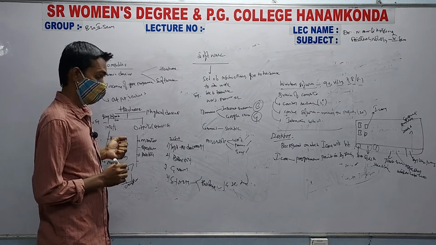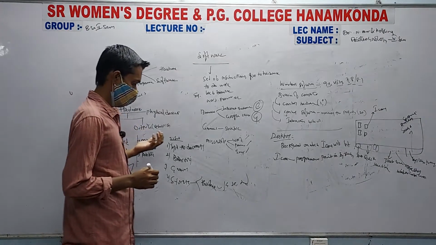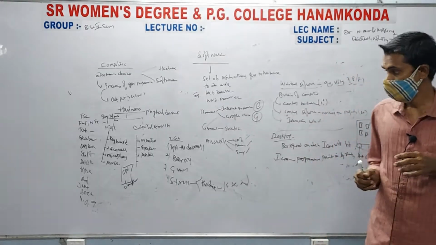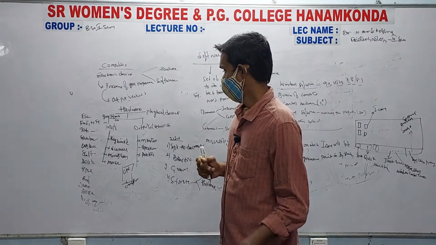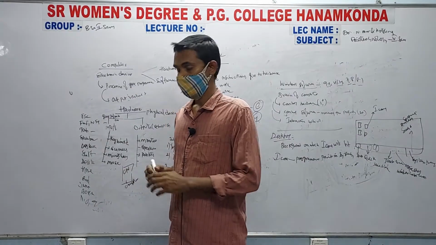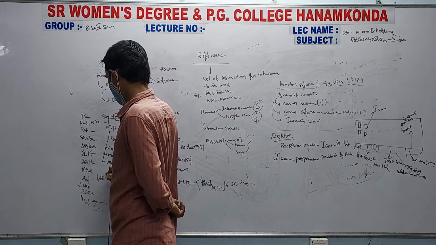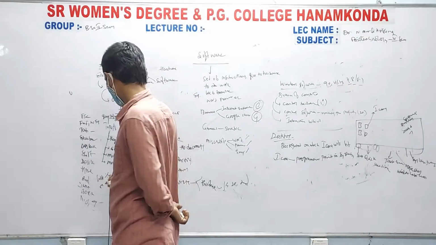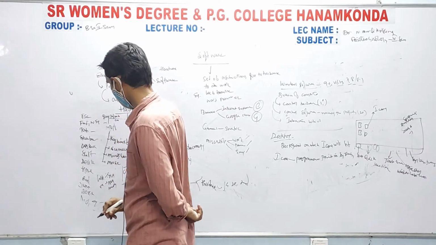Next, scanners, which are used to scan documents or images. Microphones, a microphone set which is used to record the voice. And the mouse, which has a left button and a right button. The left button of the mouse is used to select, and the right button is used to open the right-click menu.